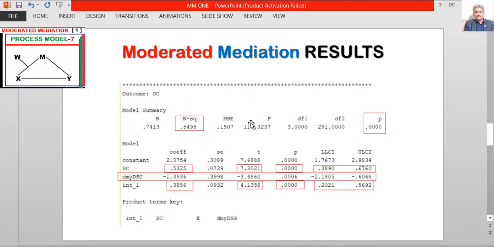Next, the first output model has the outcome variable organizational culture.